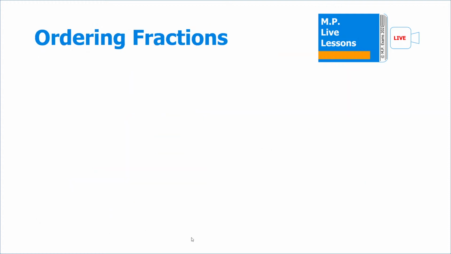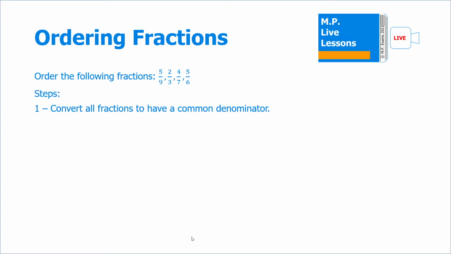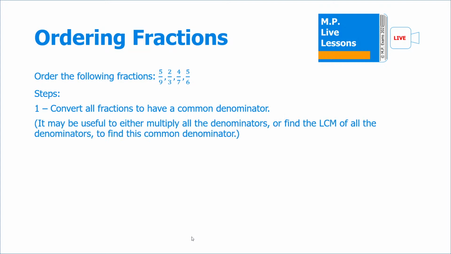Now next is ordering fractions. So let's say we've got 4 fractions here, and first we need to make sure that all fractions have the common denominator. So we do this by multiplying each fraction until they have the same denominator. For example, in this case, an appropriate denominator you could have could be 126.